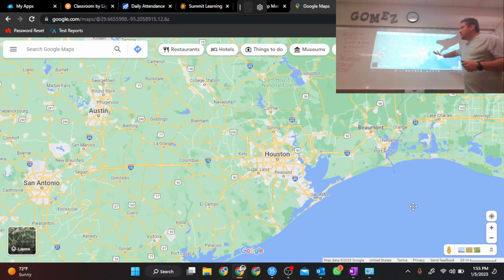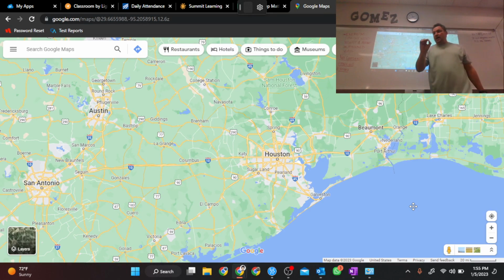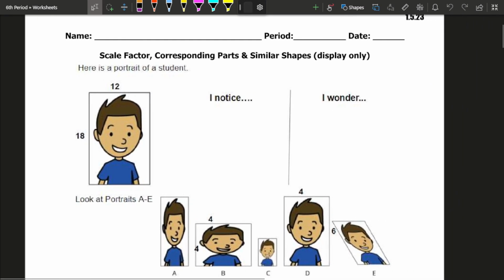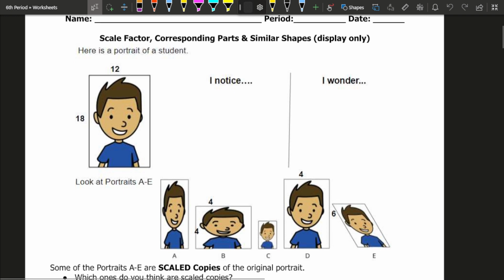All right, so we get the idea of zoom in, zoom out. Let's look at these pictures, and I want to give you a minute to write down in the comments. You guys write in your paper. What do you notice?